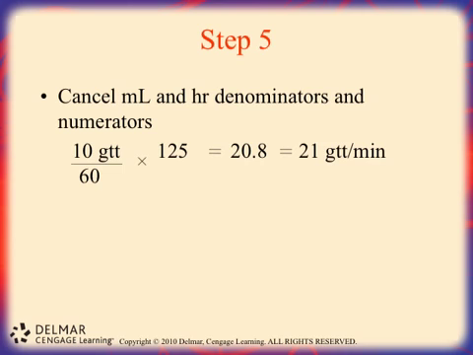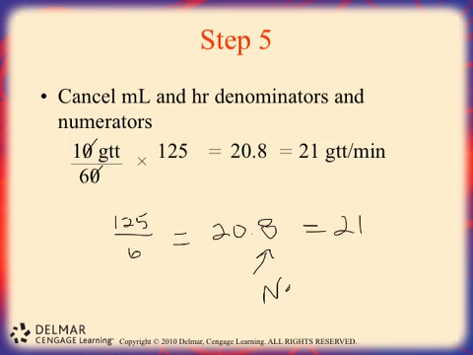Now we could further cancel out our zeros here, which would leave us with 125 over 6 equals 20.8. Now, can we give 0.8 of a drop? Nope. So we would round that to 21 drops per minute.